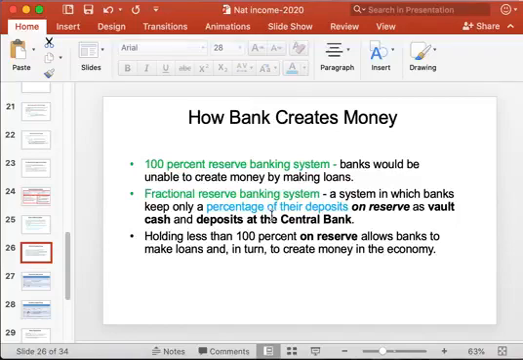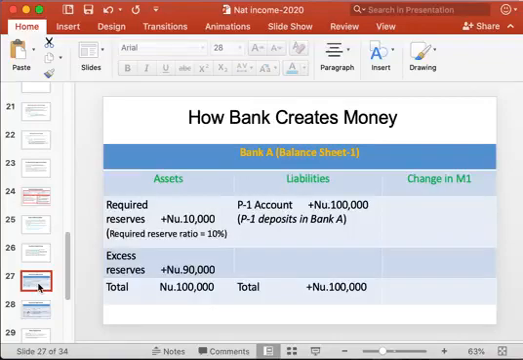Now, in order to understand how banks create money, let us look at an example.